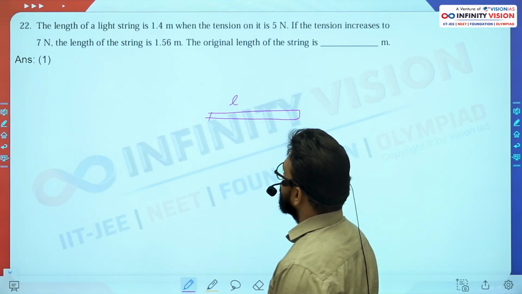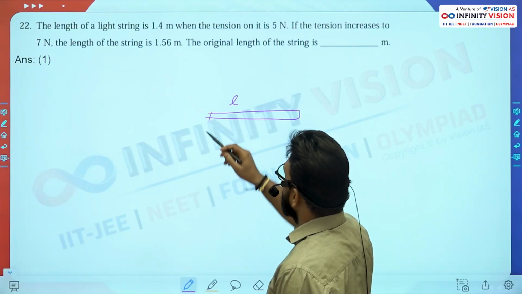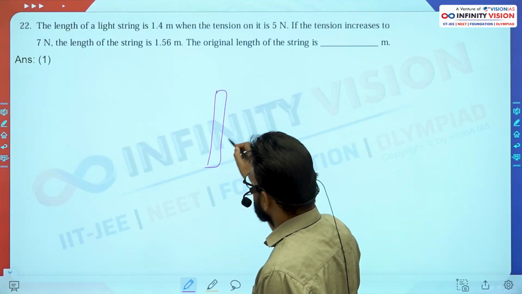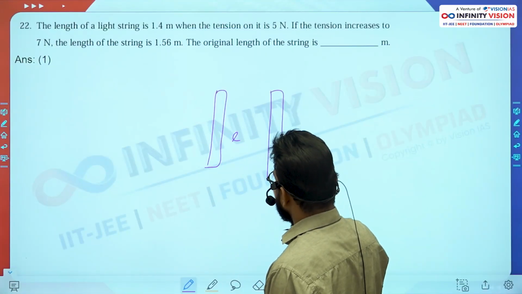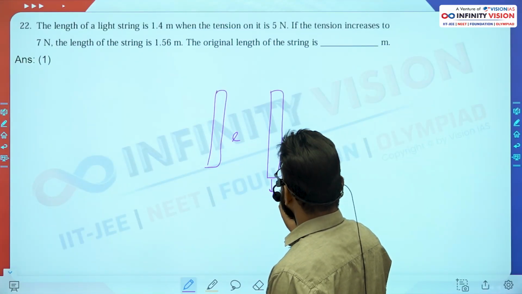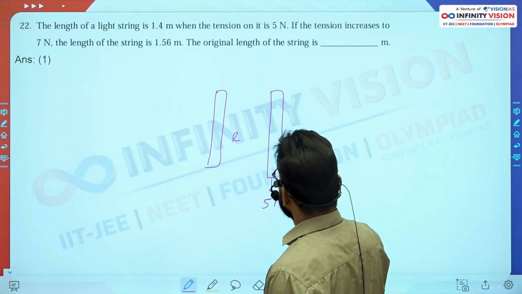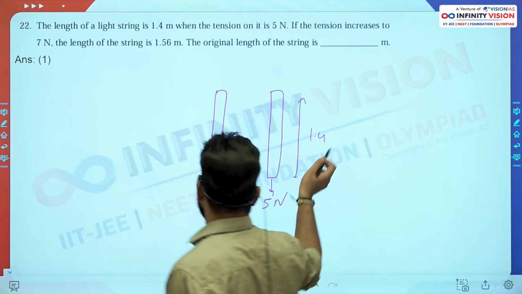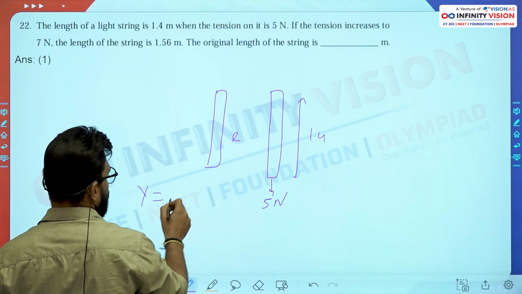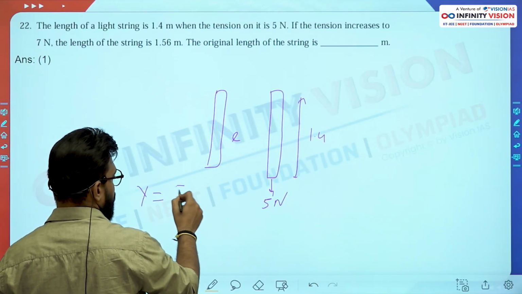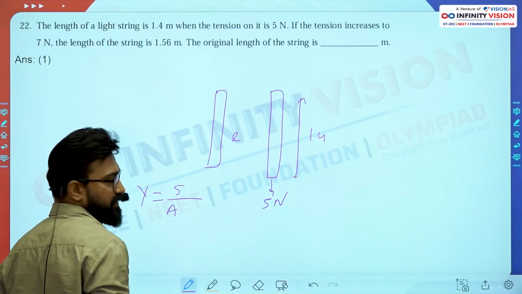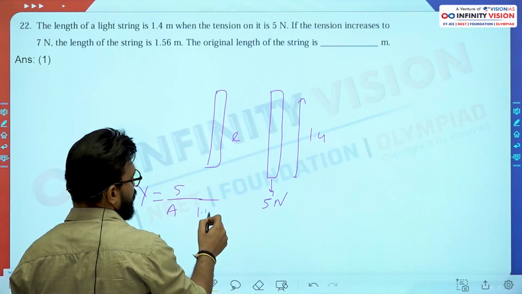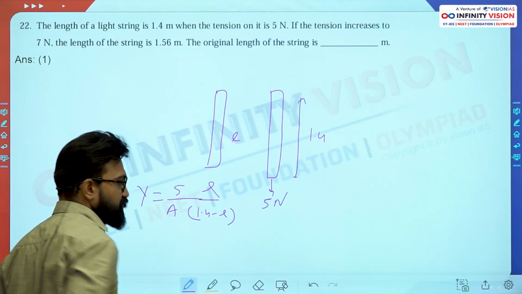Let the original length be L. When the force is 5 Newton, the length comes out to be 1.4. Young's modulus, which we already know, is force per unit area, 5 by A, divided by delta L by L. Let the area be A. The change in length is 1.4 minus L, divided by the original length.